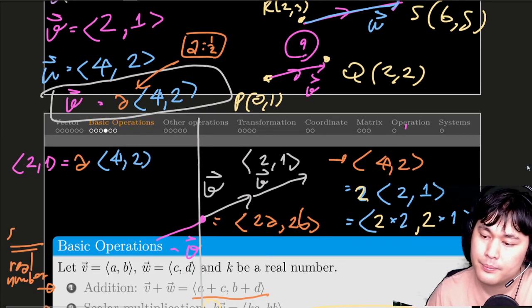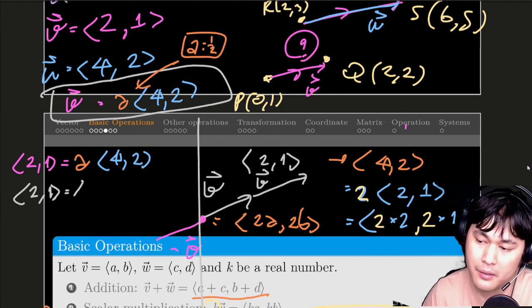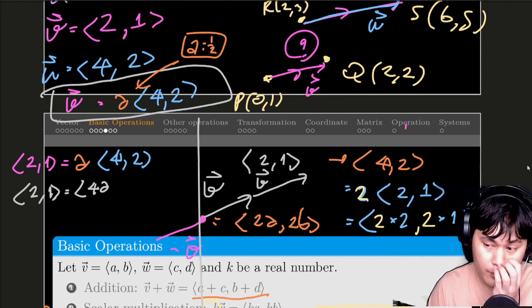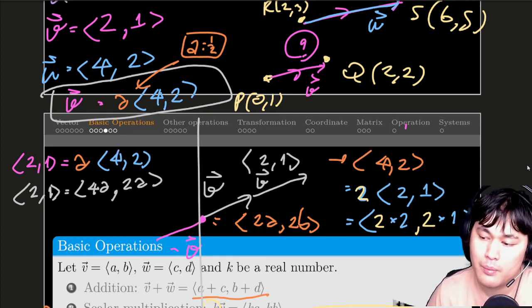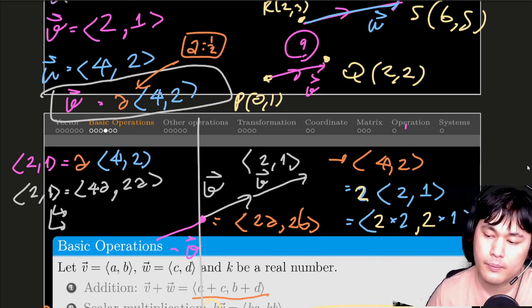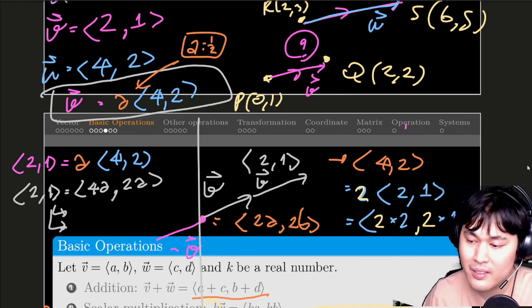Equals that. For two vectors to be the same, first we distribute a inside, so we have 4 times a, and a times 2, which we can swap to 2 times a. And then we solve 2 equations. Does this sound familiar? We have 2 different equations, and we solve for the number.